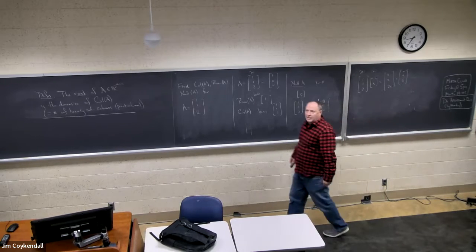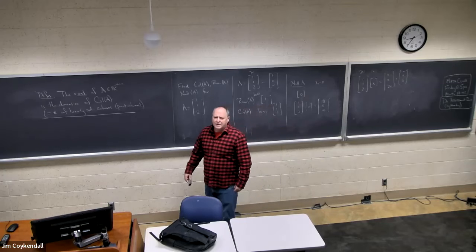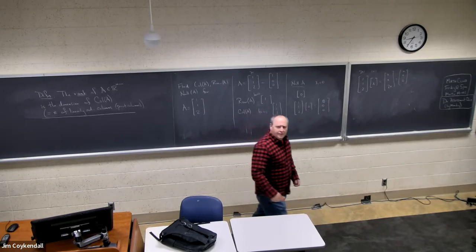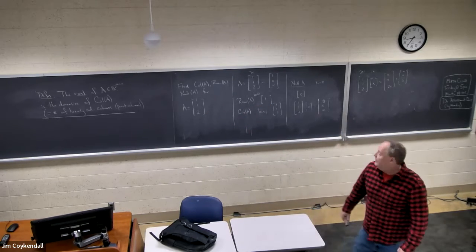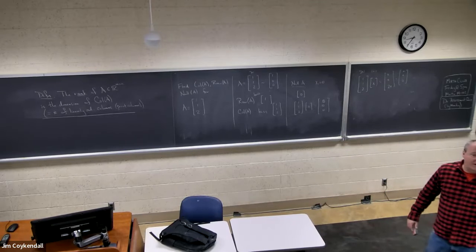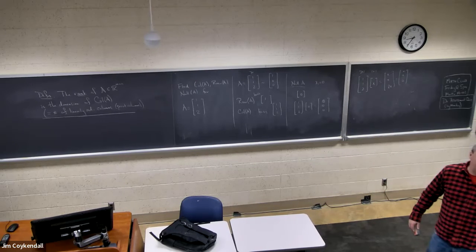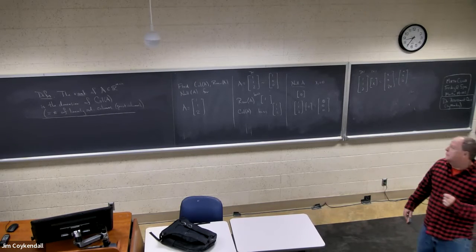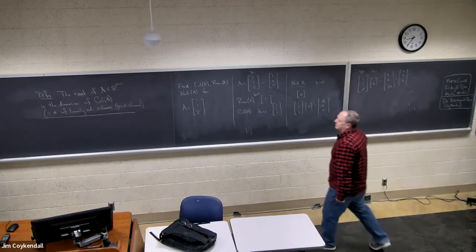Okay. Others? Yes. The dimension of the null space would be 0. If you have the 0 vector as all there is in the space, then the dimension is 0, because there is no linearly independent vector in the 0 space.